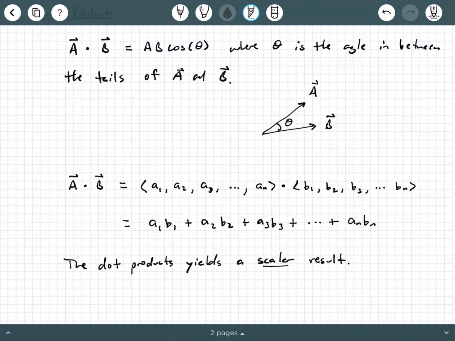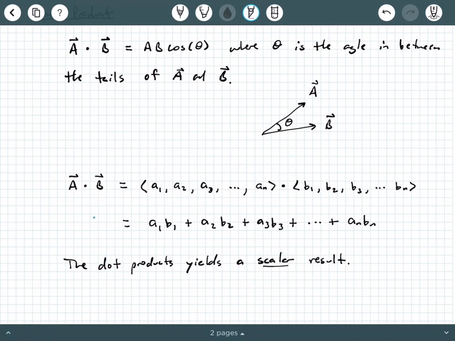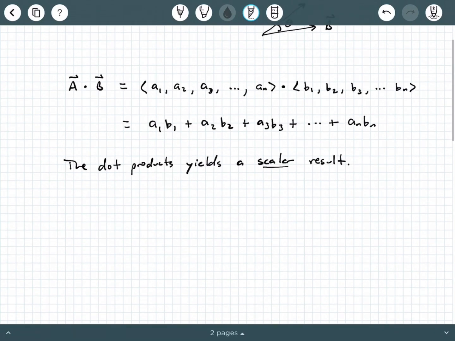Now, here's the next thing to keep in mind. If A dot B equals AB cosine theta, and also A dot B equals the product of each of the components added together, then guess what you can set equal to one another? You can set equal AB cosine theta and this product right here. So let's do that.